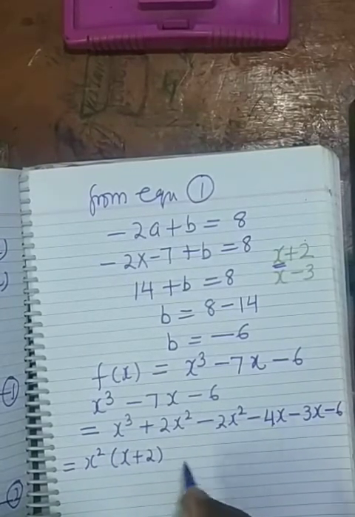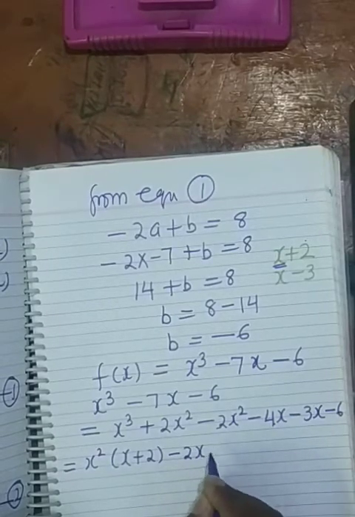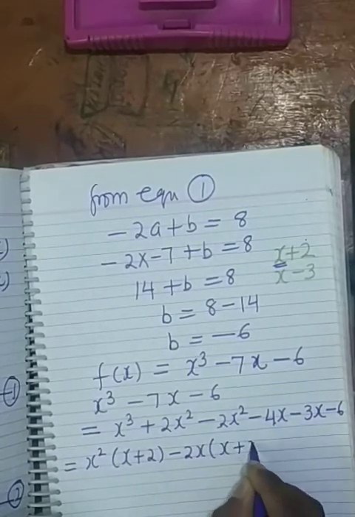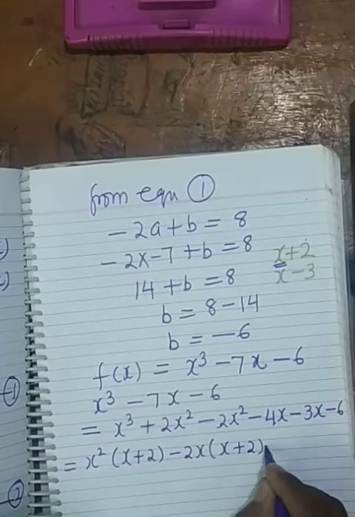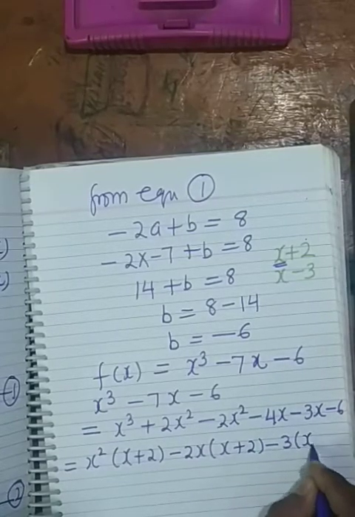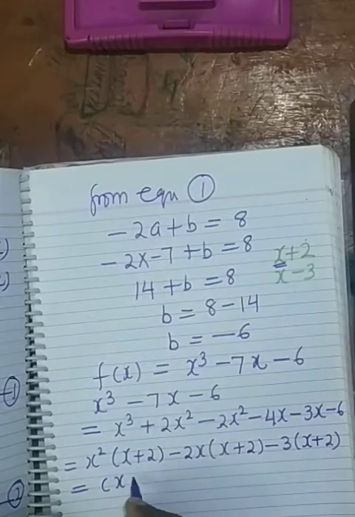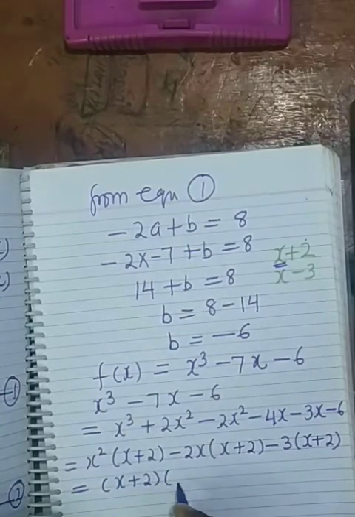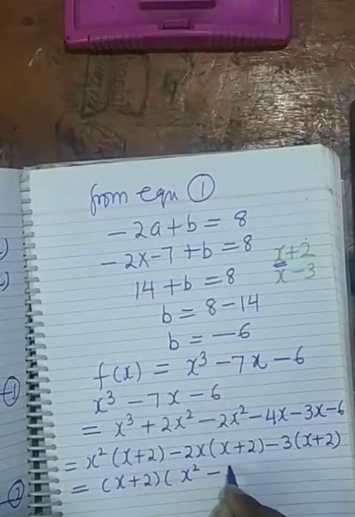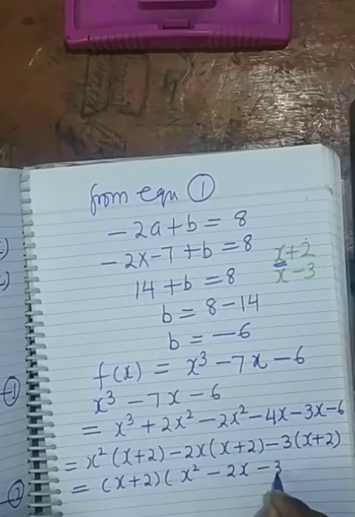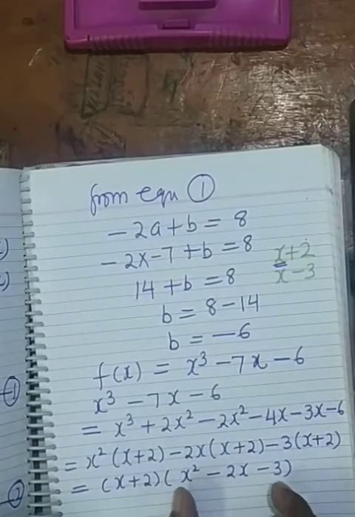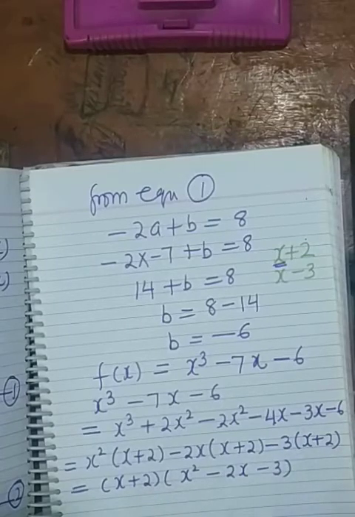From these two terms, you will take minus 2x common. What will you get? X plus 2. And then from here, you take minus 3 common, x plus 2. So x plus 2 is common from the whole. It's clear?